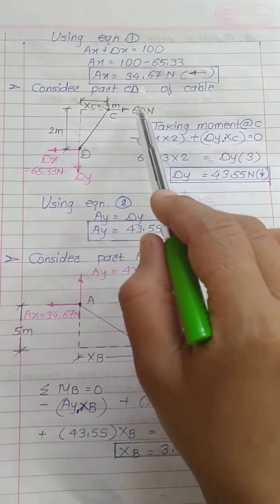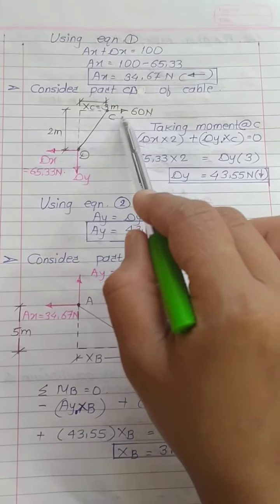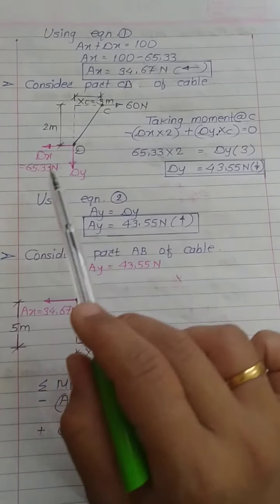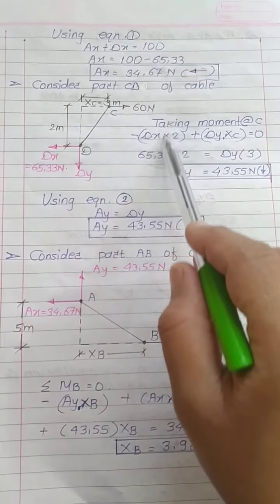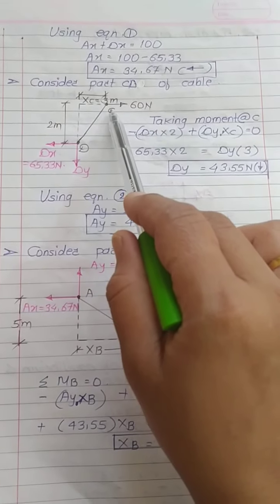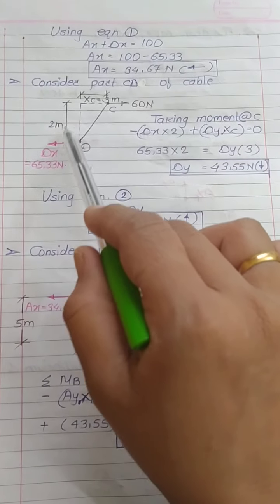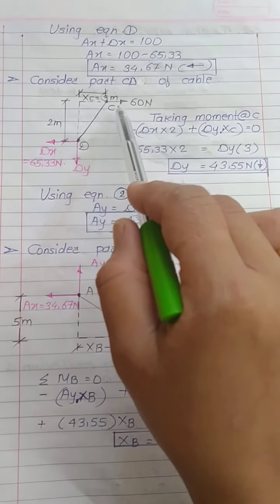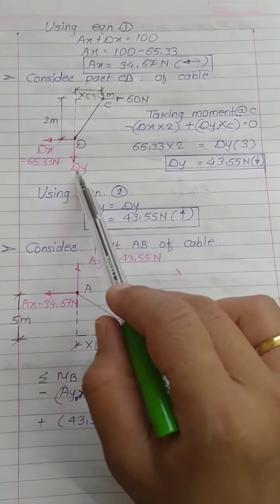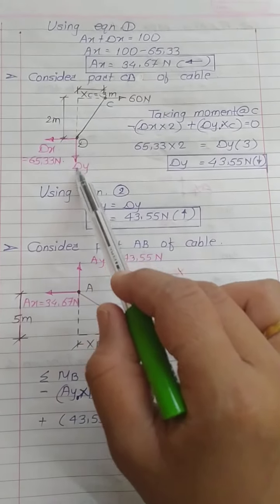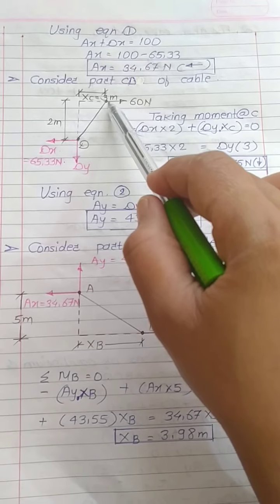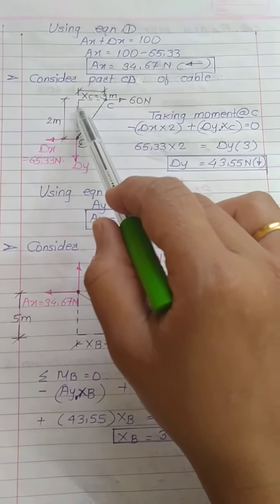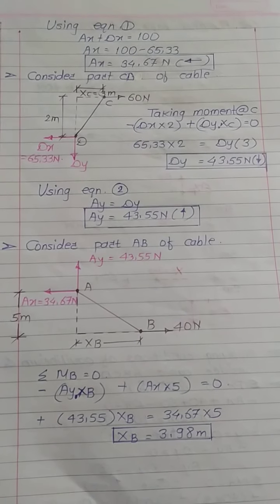Now look, this moment will become 0 about this point. Now if you consider dx force, it is going to rotate in clockwise direction about point C and its distance is 2 meter from point C. Now consider this dy. It is going to rotate in anti-clockwise direction about point C and its distance from point C is 3 meters.